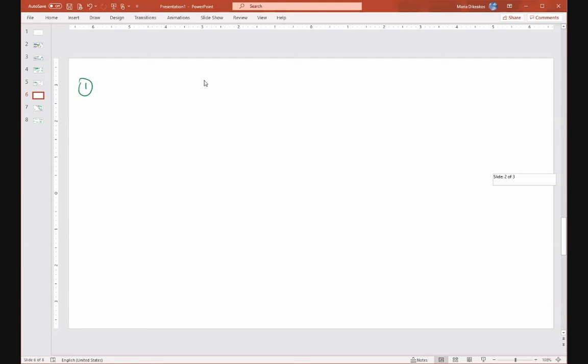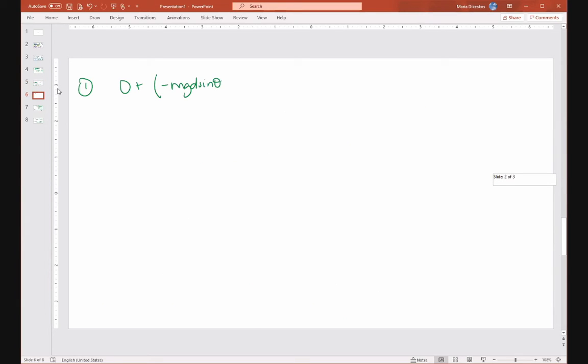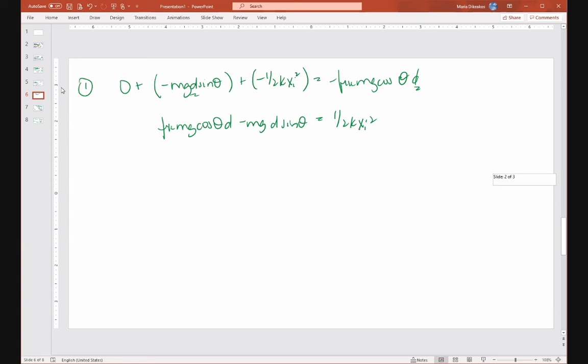which means that you have from equation 1, your delta K is 0, your delta UG, which was mgd sine theta, and our friction totals became G. We're looking for D. So bring all the D's over. Factor out the D. And D is equal to.